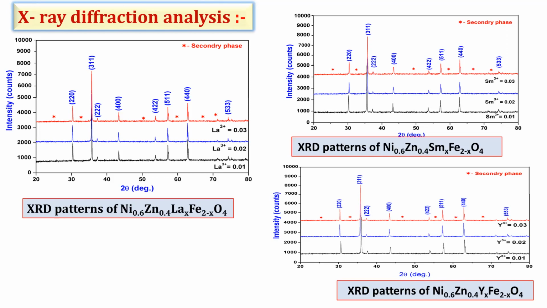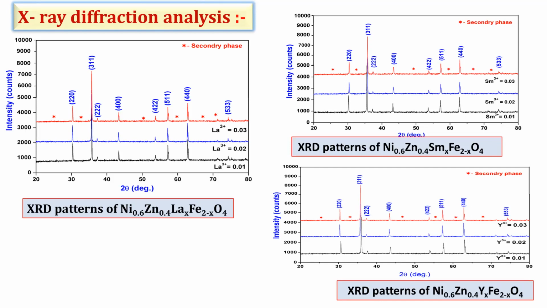It means that the rare earth ions obtain or create strain on the lattice, and that is why the intensity of the peaks decreases. While in the case of yttrium substituted nickel zinc ferrite, there is no variation observed in the intensity of the peaks, because yttrium completely exists in the lattice.